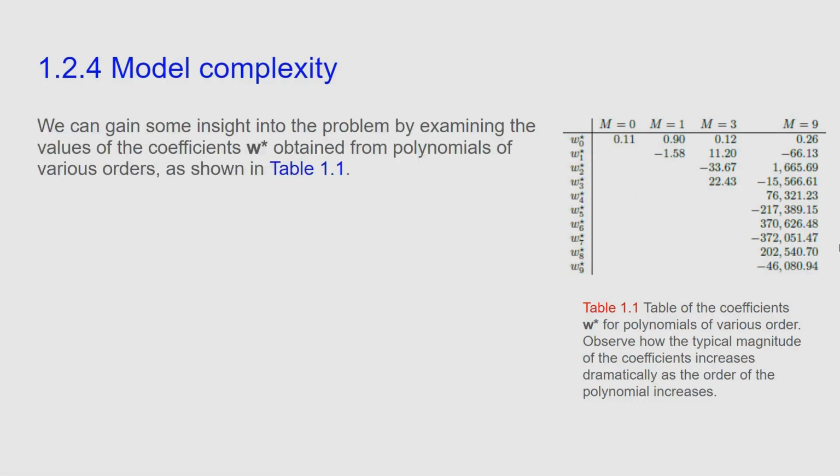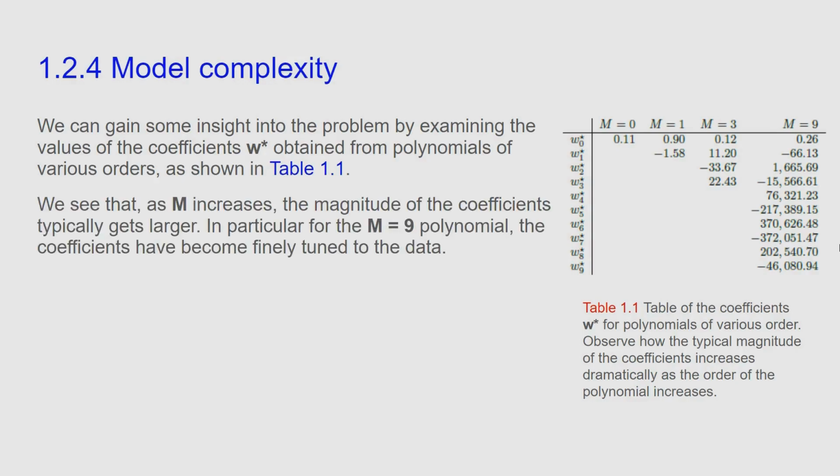We can gain some insight into the problem by examining the values of the coefficients w* obtained from polynomials of various orders. As shown in Table 1.1, we see that as M increases, the magnitude of the coefficients typically gets larger. In particular, for the M = 9 polynomial, the coefficients have been finely tuned to the data.